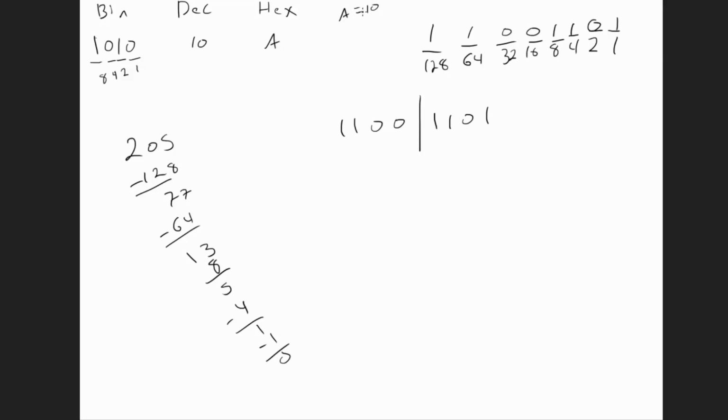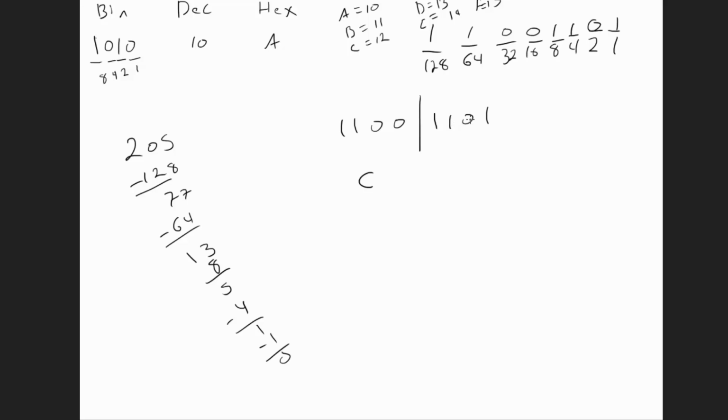Well, A equals 10, B equals 11, C equals 12, D equals 13, E equals 14, and F equals 15. So this is going to be 8 plus 4, which is 12, so this is going to be the letter C. This number is going to be 8 plus 4, 12.